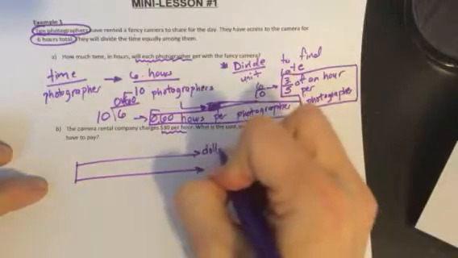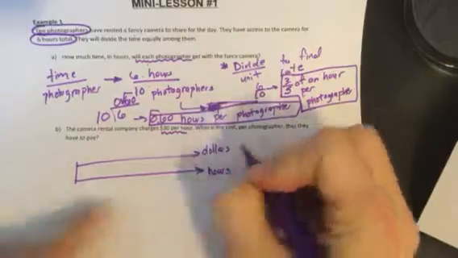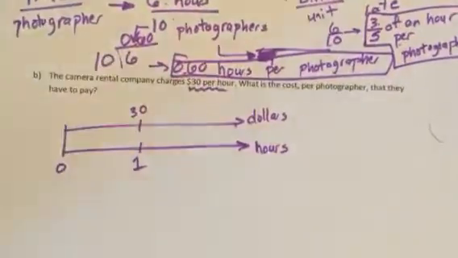On the top, I'll have dollars. In the bottom, I'll have hours. A 0 goes there. I'm given $30 per 1 hour. I'll zoom in again so you can see.